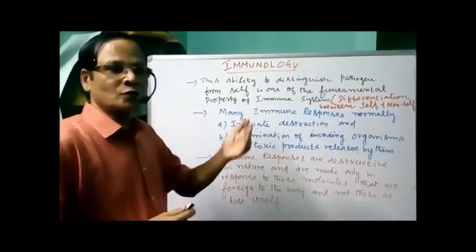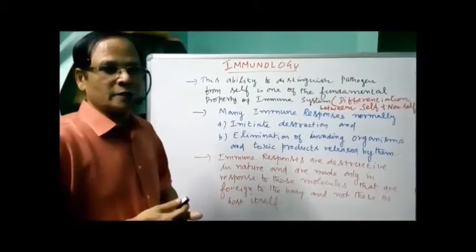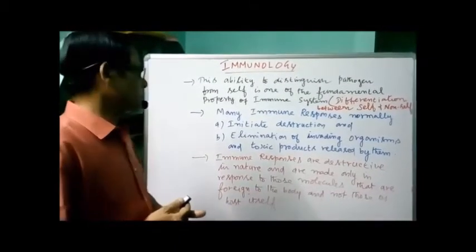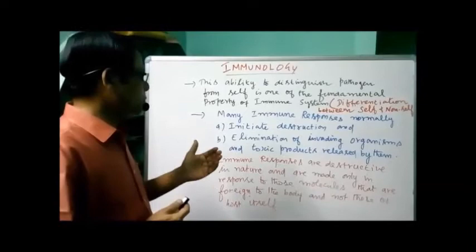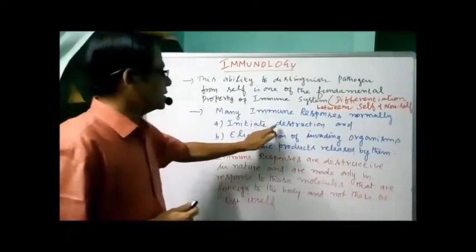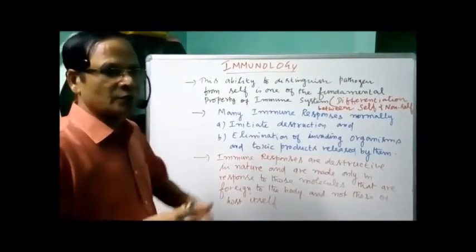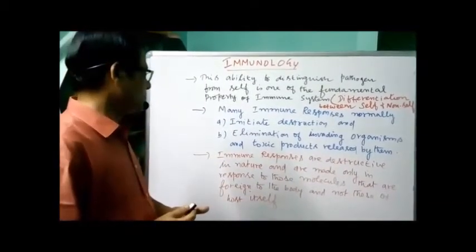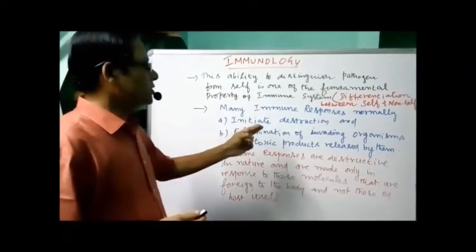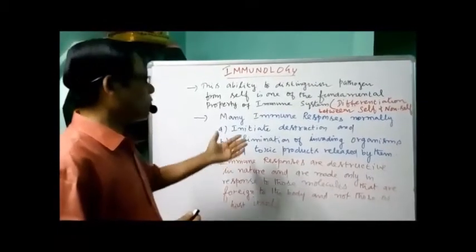Now, many immune responses normally do the following functions. Now the many reactions we can see are called immune reactions. Number one, initiate destruction of the foreign organisms. And two, elimination of invading organisms and also their products.